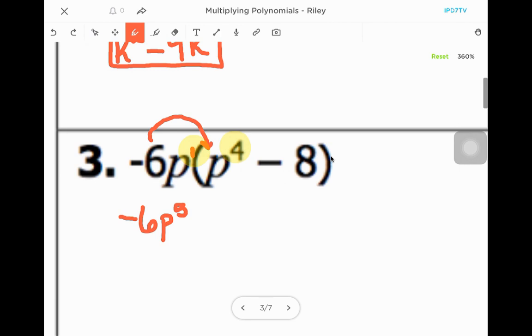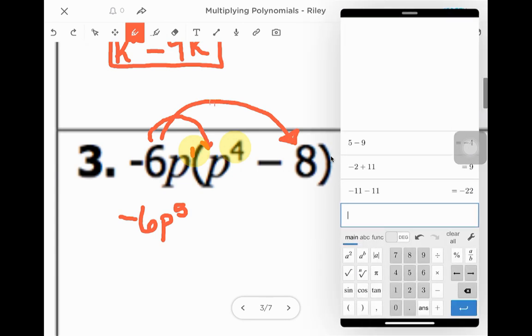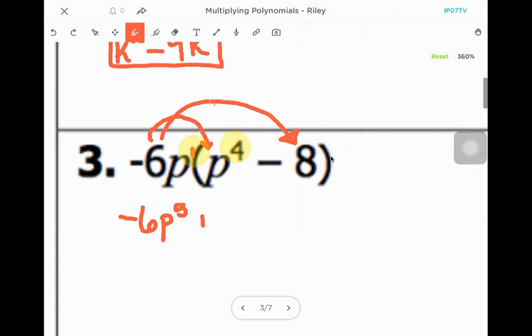Now I'm going to distribute my negative 6 to my negative 8. If I don't know what that is, I can get my calculator out and say negative 6 times negative 8. And that gets me a positive 48. So that means I have to do addition. Plus 48.